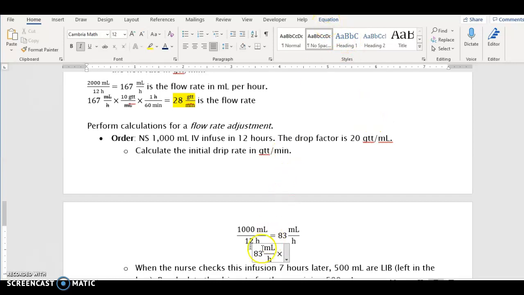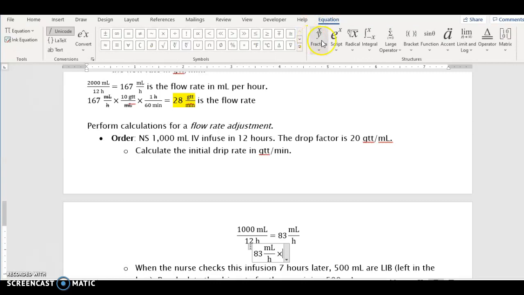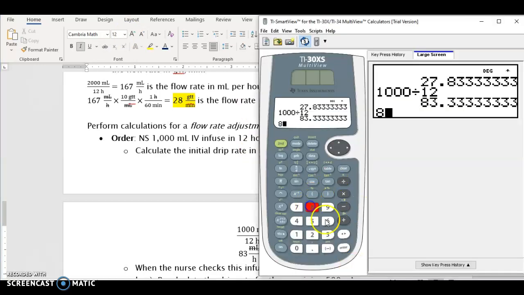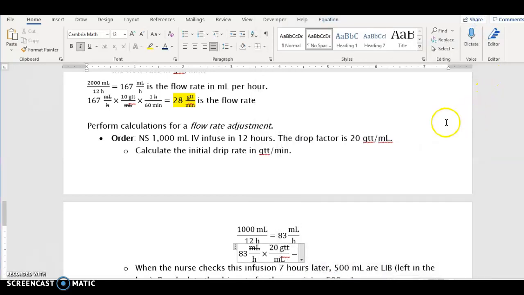So we multiply our flow rate in milliliters per hour by 20 drops per milliliter. In the process, milliliters cancel. 83 times 20 is 1660.